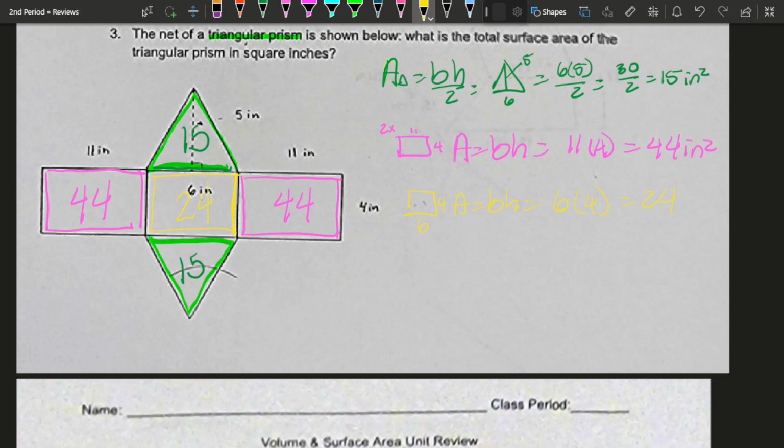Since we're looking for the total surface area, what do you think we have to do to all those numbers? To this, this, this, this, and this. What do we do to find the total? Add them. We're going to add them all. So we're going to do 15 plus 15 plus 44 plus 44 plus 24.